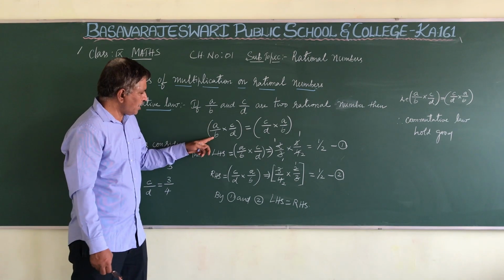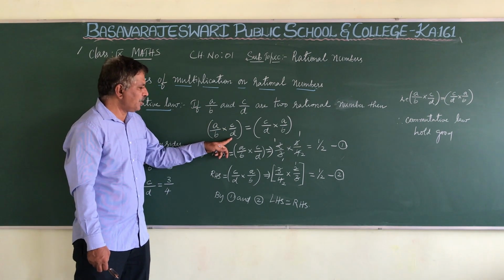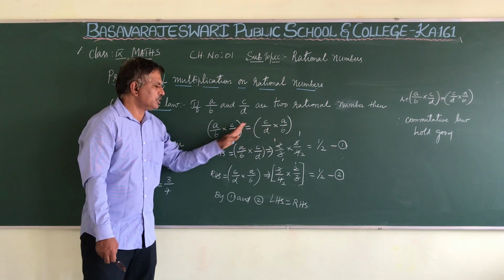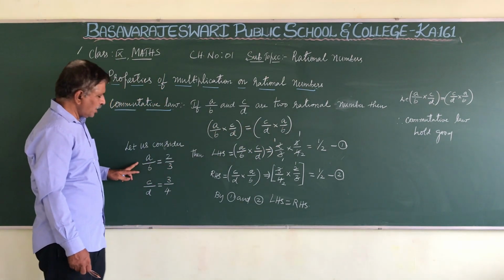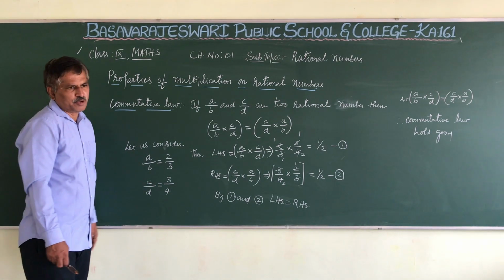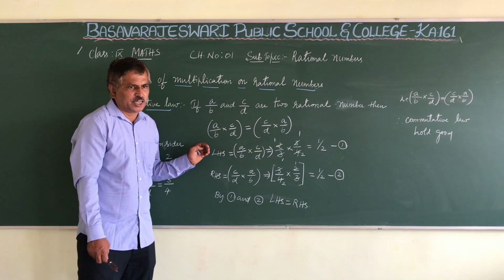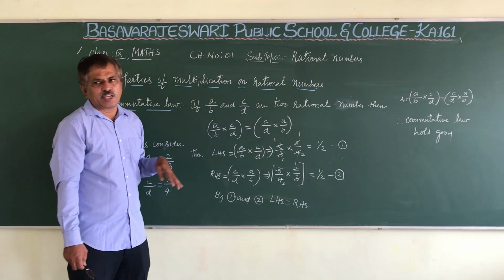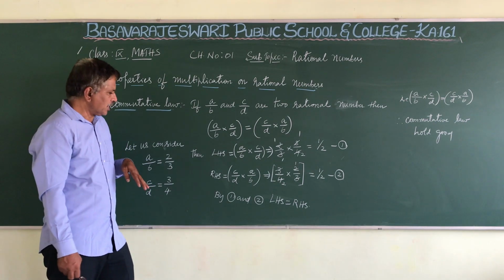That is a/b × c/d, which I have interchanged here, is equal to c/d × a/b. This I have to prove. For that I have taken a/b equal to 2/3 and c/d equal to 3/4. First I took the left hand side, because the left hand side value should be equal to the right hand side. Then only we can tell that the commutative law is satisfied.